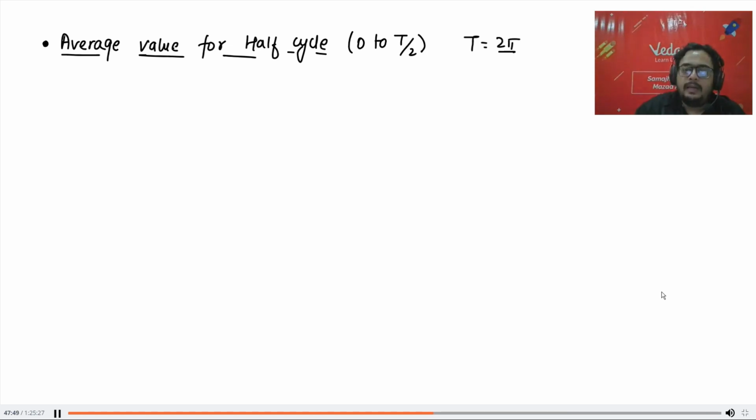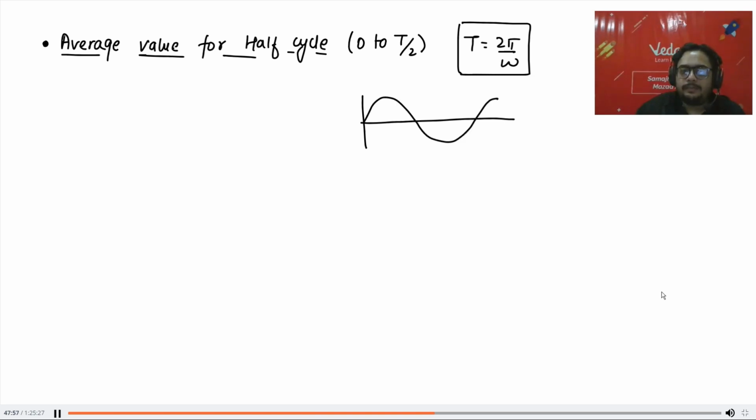And T is obviously known to us, 2 pi by omega. Full cycle, though we have understood it is 0, but what is the average value of current for half cycle? I can calculate I average using the formula integration I dt by integration dt. This is the formula that you have to use.